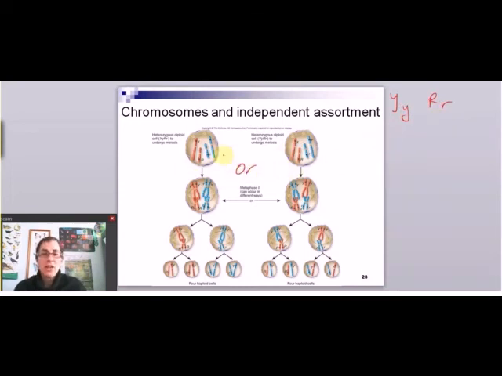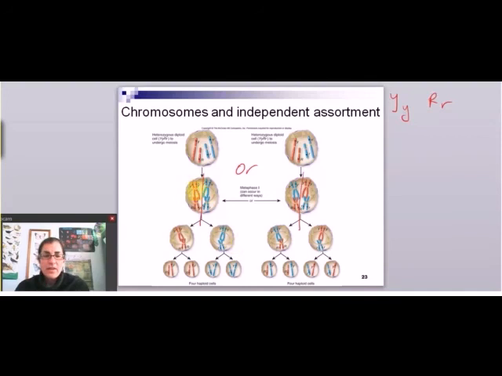This is the same plant, right, starting with the heterozygote. So on the metaphase plate, you could get the chromosomes lining up to where all the red ones are all on one side, or you can get it where the blue and red is on each side. So this is the metaphase plate.